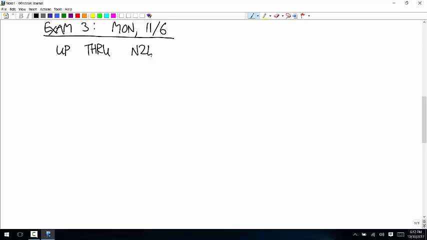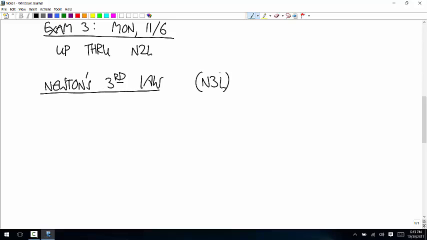Okay, so the last thing we have to talk about is Newton's third law. So I'll abbreviate this N3L, because why not? Everyone likes abbreviations. And this is the one that says, for every action, there's an equal and opposite reaction.